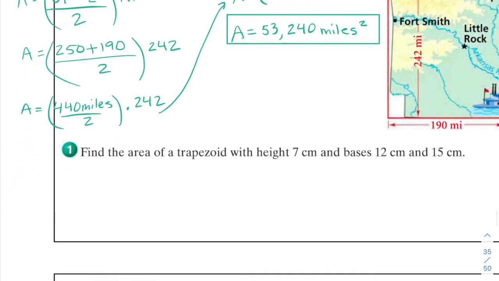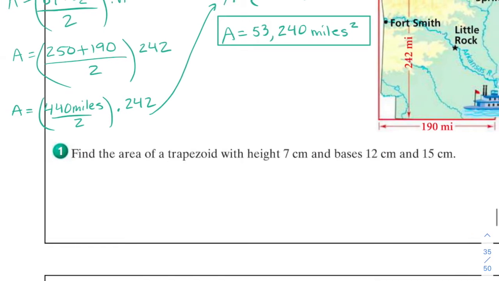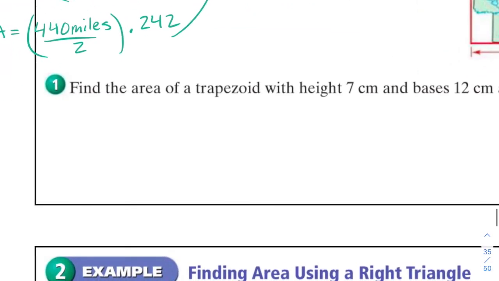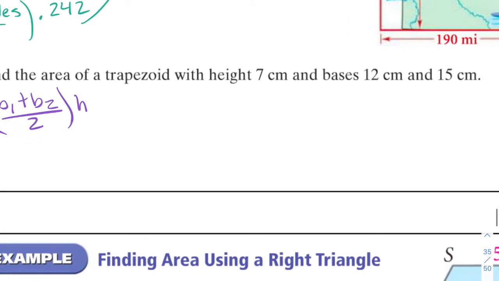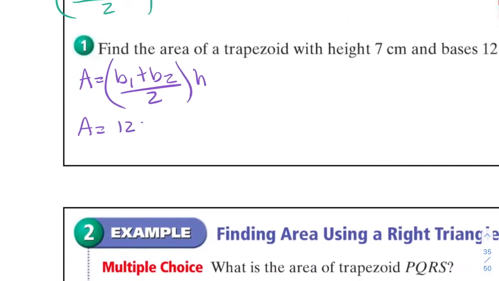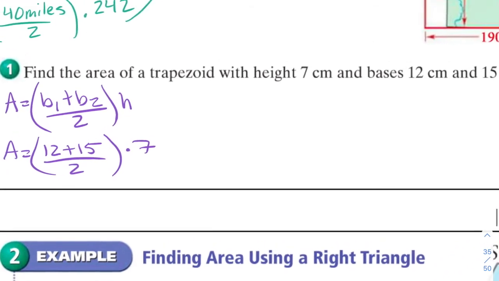Okay, find the area of a trapezoid with a height of 7 and bases 12 and 15. So I'm going to write a little bit smaller now. I have area equals B1 plus B2 over 2 times my height. So area equals 12 and 15 over 2 times height, which is 7. So 12 and 15 is 27.